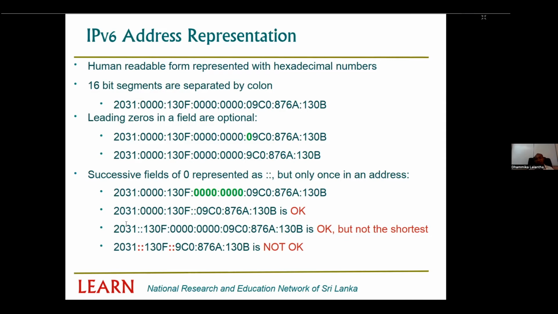For a hexadecimal digit we need 4 bits, so for 16 bits we have four hexadecimal digits.